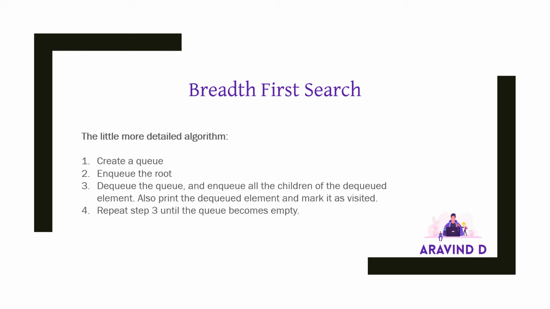For example, if root is the element that we are getting after the dequeue function call, we are going to enqueue all the children of the root node, and also we are going to print the dequeued element and mark it as visited, and we are going to repeat step 3 until the queue becomes empty.